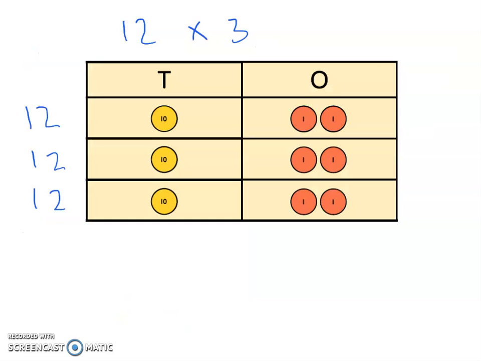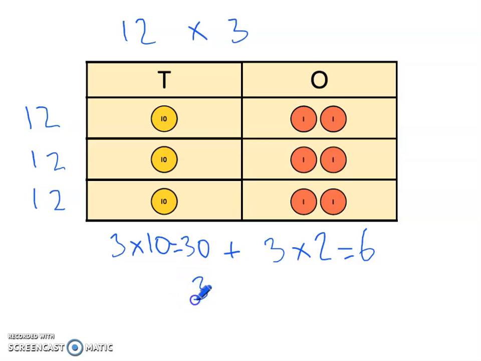Now on this we can see that we have our ones. So in our ones we have 3 lots of 2, which in this case is going to give us an answer of 6. When we look at our tens, we've got 3 lots of 10 to give us an answer of 30. And we're going to add those two numbers up, 30 plus 6, to give us an answer of 36.